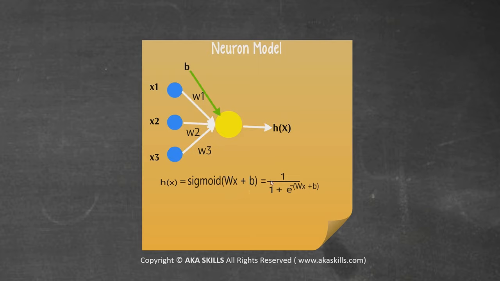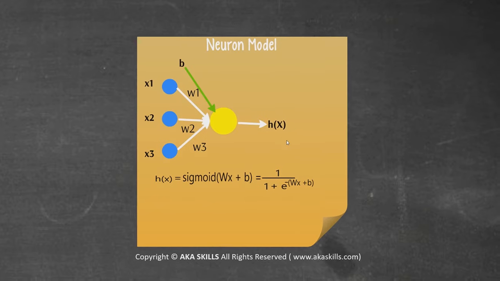This is how it is defined: h of x is w1 multiplied by x1, then x2 multiplied by w2, then x3 multiplied by w3, plus the bias. We always have a bias, and then the cell does some calculations. In this case, the calculation is the sigmoid function, and it gives us an output.